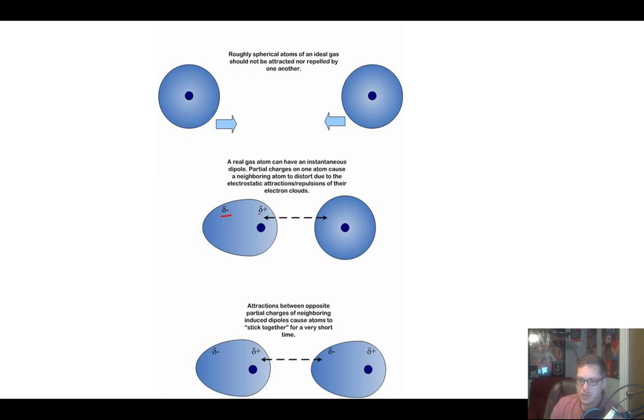When that happens, this forms a partial positive near the right molecule, and its electrons are going to be like, well, that's a positive, I like positives. So all the electrons over here move over there. And then you get this temporary attraction where the positives are on one side and the negatives on the other. Notice you've got this dipole interaction, positive, negative. And then this lasts for just a very, very short amount of time, and then it goes away.